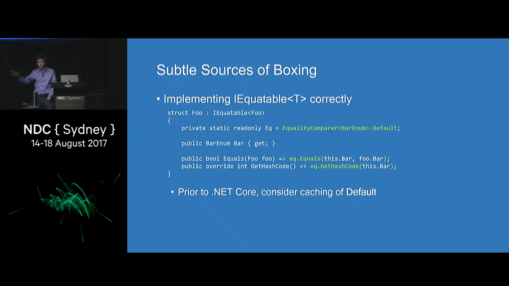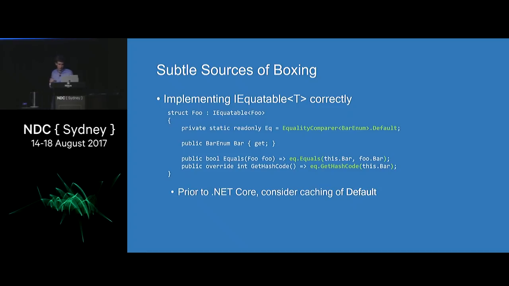That was solved in .NET Core, a pretty involved change actually, but it's something to be aware of: when you build those things that have deep equality, use EqualityComparer of T. It's there to help you.